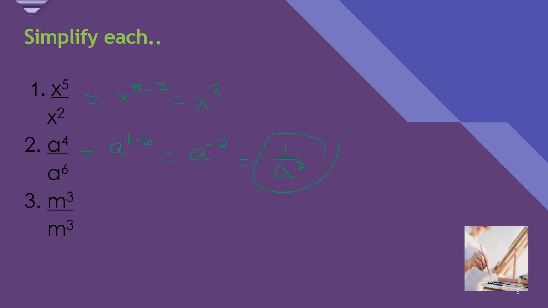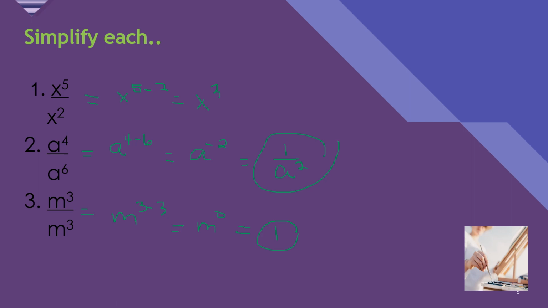Okay, and then here, because we have certain rules, that would be 3 minus 3, or m raised to 0, but there is no 0. The answer is the whole number 1. For any non-zero number a, a raised to 0 is equal to 1. That is the rule.